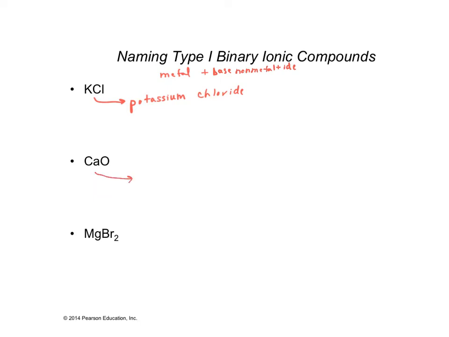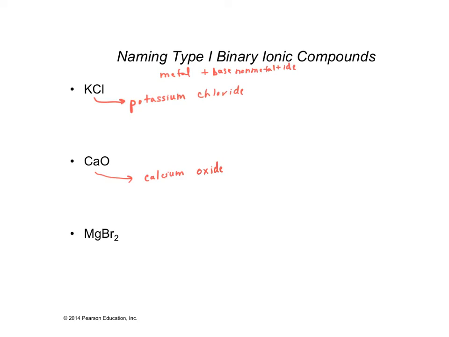I have to recognize that Ca is a metal, it's calcium. I just write the name of the metal, put a space, and write the base name of the nonmetal. This is oxygen, so its base name is ox, and then I end it in IDE. So what is the name of CaO? This is calcium oxide.